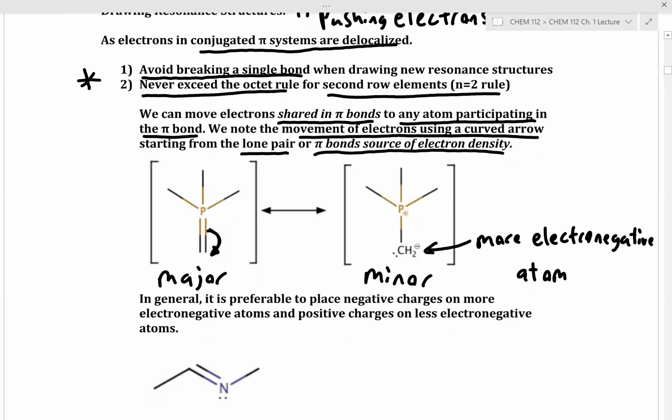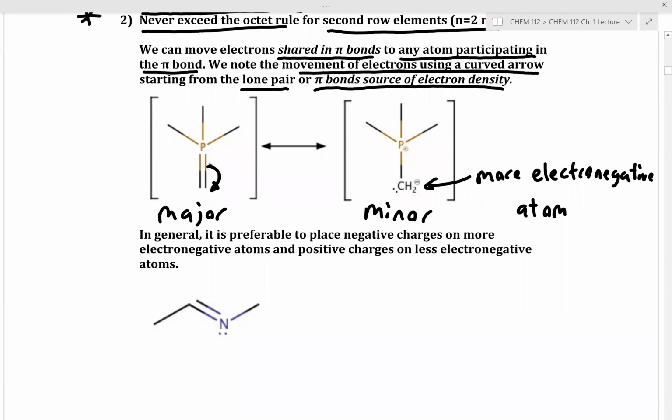As a general additional rule, it is preferable to place negative charges on more electronegative atoms and positive charges on less electronegative atoms. The reason why I review the carbon-phosphorus electronegativity value is because oftentimes students will think phosphorus is more electronegative, when in reality, carbon is, and that reflects the reactivity of these reagents.